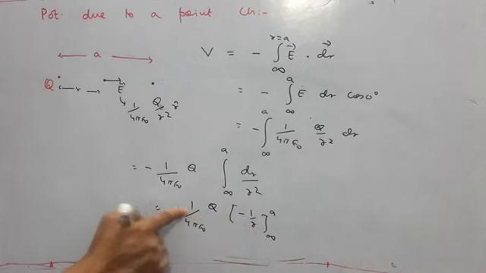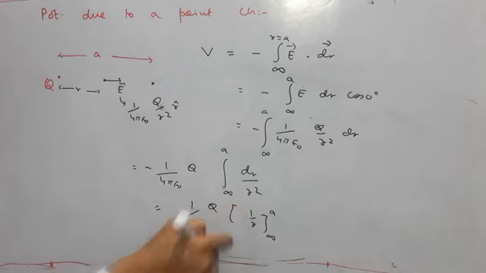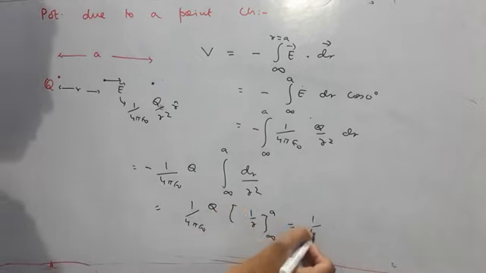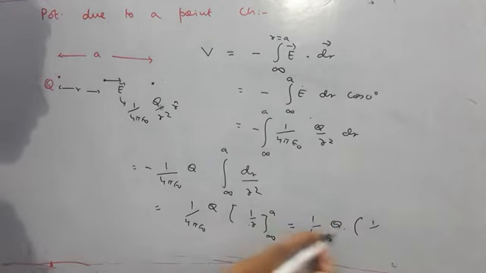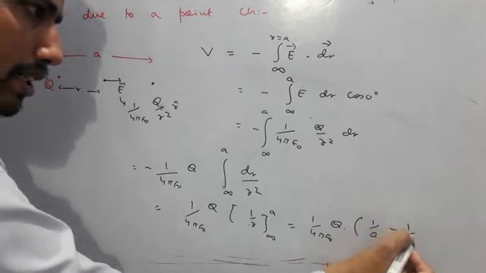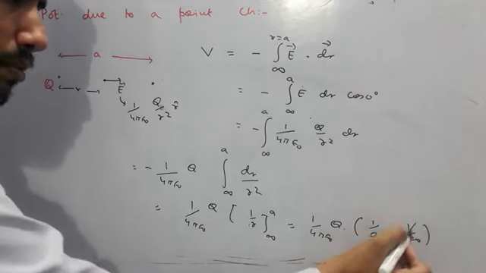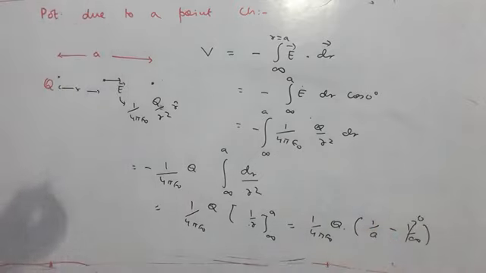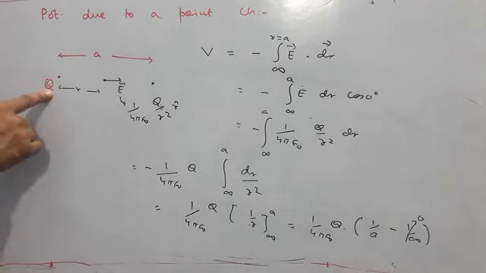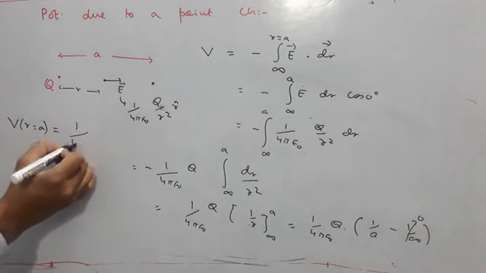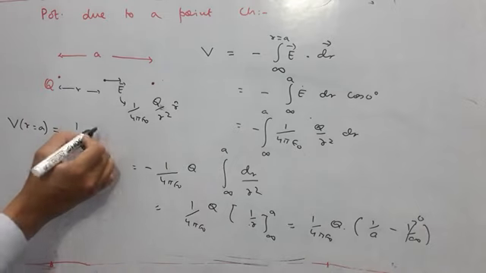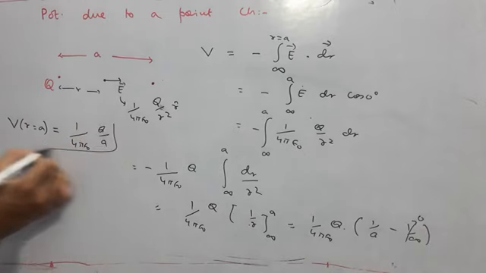Now this minus and this minus become plus, and then we put in the values. So we get 1 by 4 pi epsilon naught times Q, 1 by, we put R equals A and then R equals infinity, and 1 by infinity turns out to be 0, and that's why we have the potential due to a point charge at distance A: V at R equals A is equal to 1 by 4 pi epsilon naught into Q upon A.